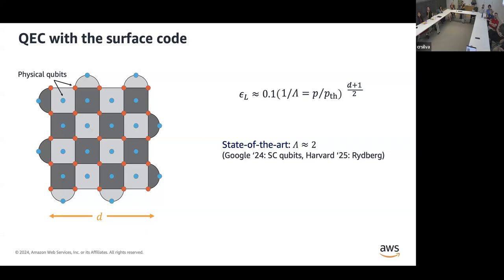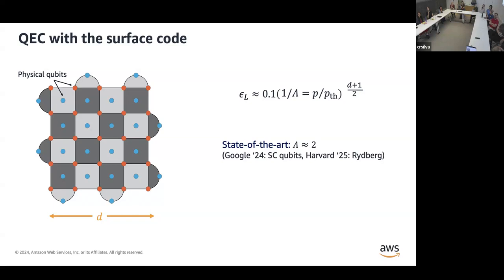They are there so that we can measure them and infer and correct the errors on the red dots. So you can think of the logical qubit living in the red dots, and the blue dots are auxiliary qubits just to correct the errors in the red dots. There is a parameter of this code, it's a family of codes: the distance of the code. It's a d by d square, so you have roughly 2d squared qubits for a distance d surface code.